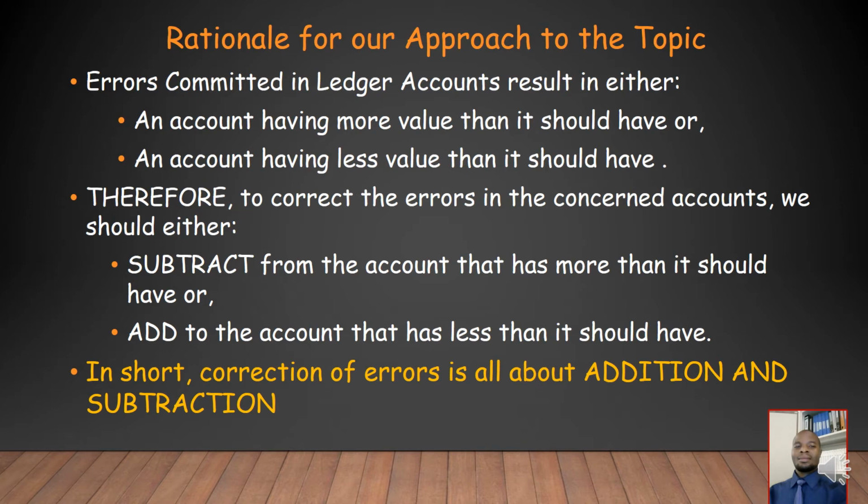Simply put, this is all about addition and subtraction. So if you know how to add and how to subtract, then correction of errors and the suspense account will be the simplest topic ever to you. It will be as simple as drinking.